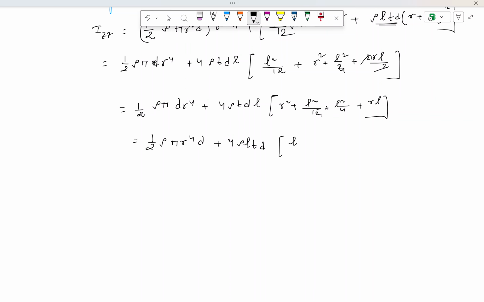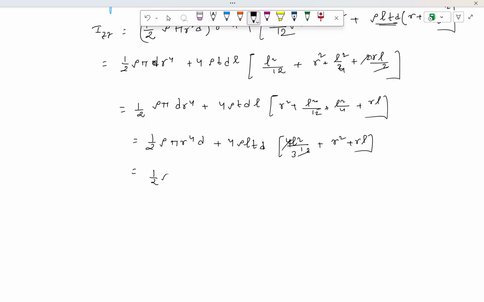Plus rl. So this is l squared by 3 then.